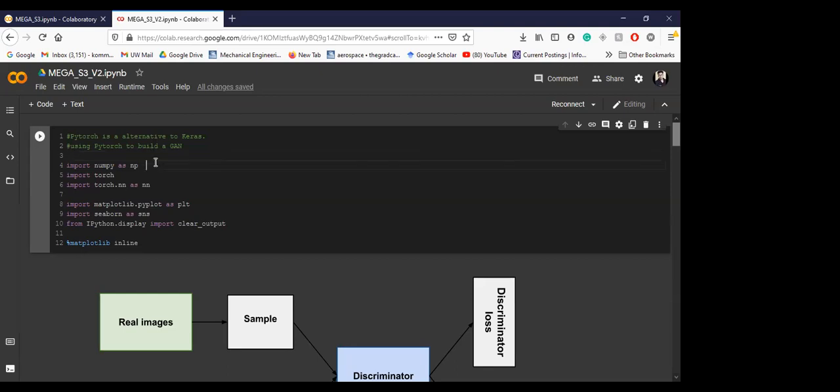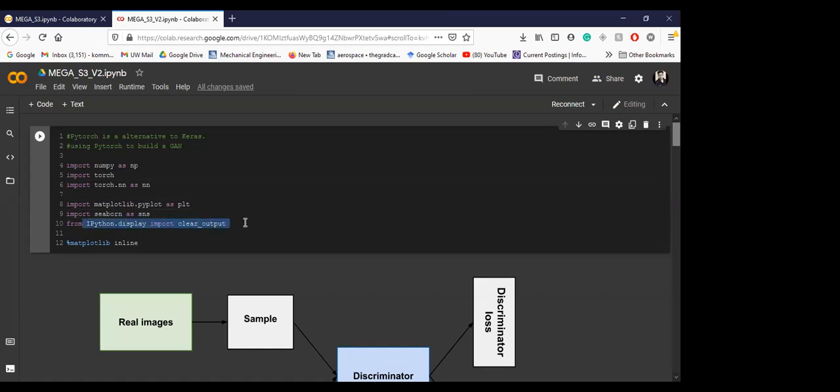So we will be using NumPy to manipulate data, and PyTorch to build neural networks. PyTorch is just referred to as torch, and we'll import torch.nn as nn. This is basically the neural network module associated with PyTorch. And we have matplotlib and seaborn to plot things.